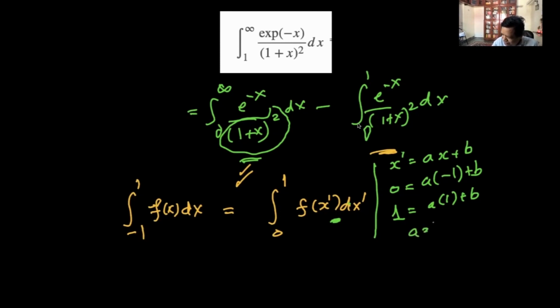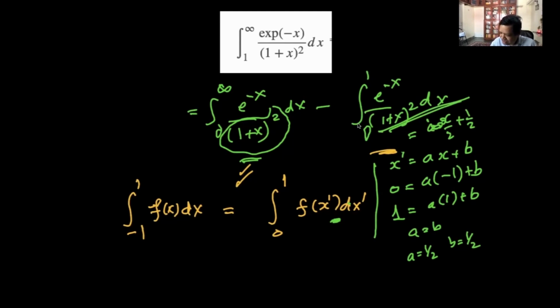Here a is half and b is half. So is a minus half or no? No. So x' is equal to x by 2 plus half. So when x is 1, of course, I get 1. When x is minus 1, I get 0. So this is my formula.